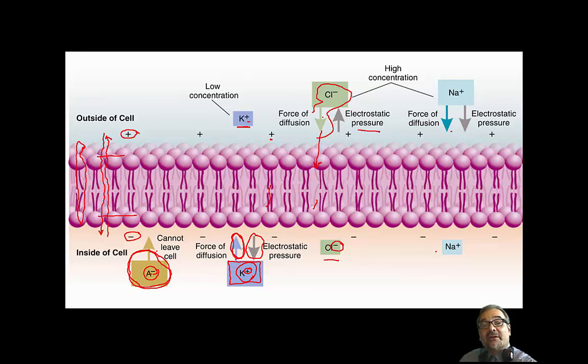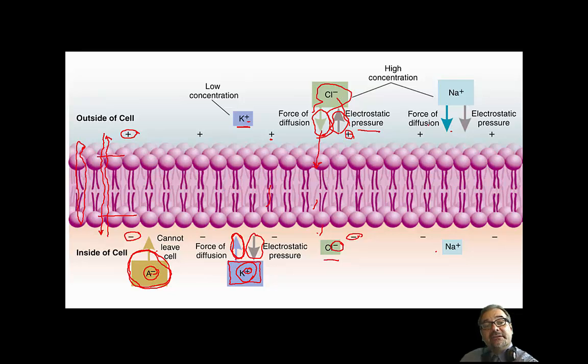The opposite is true about chloride. Chloride is less concentrated on the inside, so the force of diffusion is pushing it to the inside, while the electrostatic pressure is pushing it to the outside, because there is positive on the outside and it's negative. So by the force of attraction of positive to negative, it would want to stay outside, or at least even leave the cell to go outside, because there is also repulsion between negative and negative.